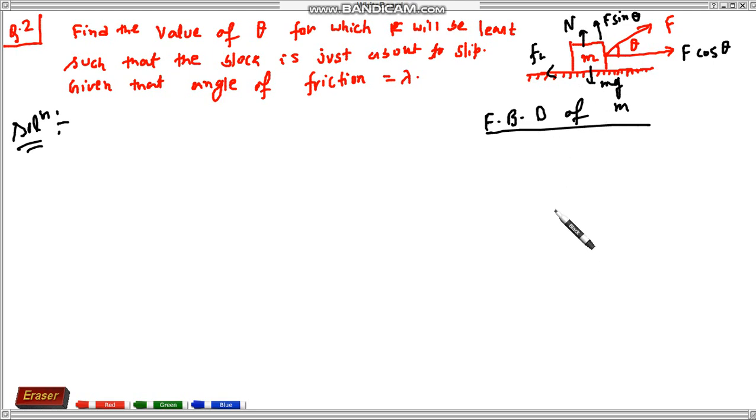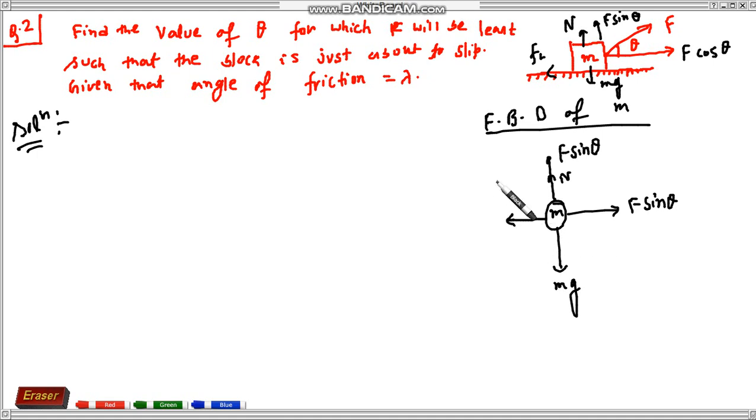So if we make the free body diagram of M, then in this direction only mg force is acting. Along the upward direction two forces are acting: one is F sin theta and there is N. Along horizontal, F cos theta, and opposite to it is FL. We have one relation, that FL is equal to mu N, or you can say mu S into N. Let me write mu S as mu only.